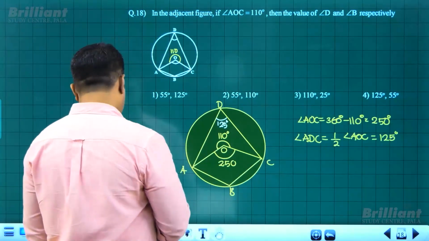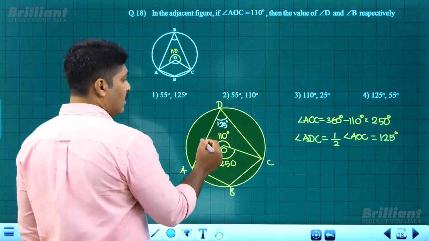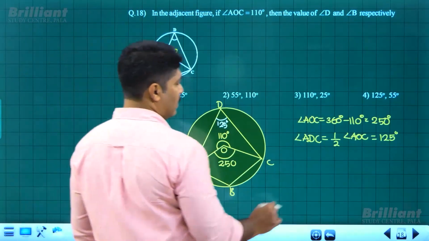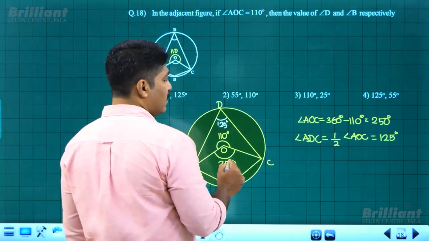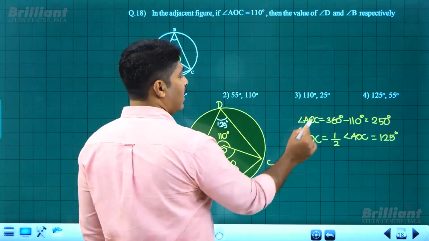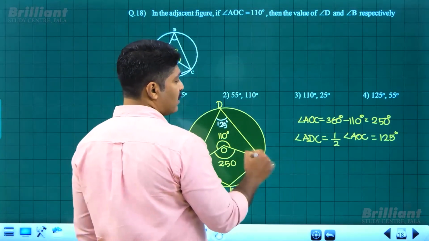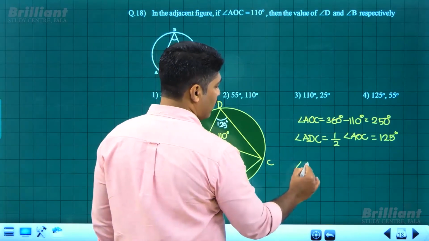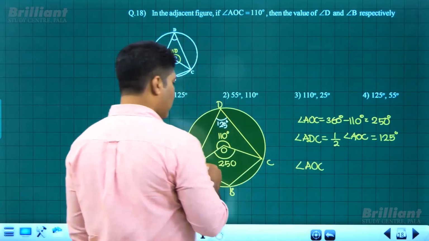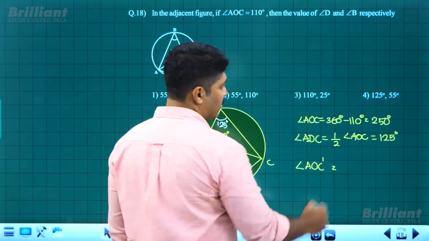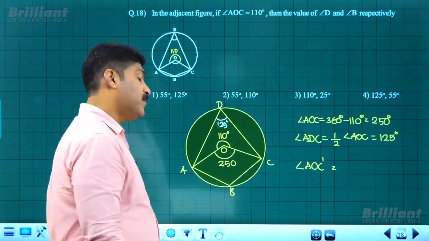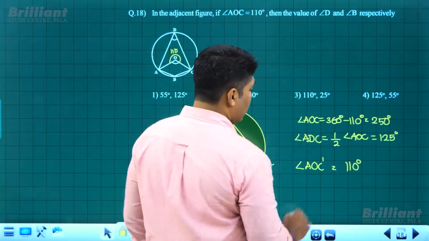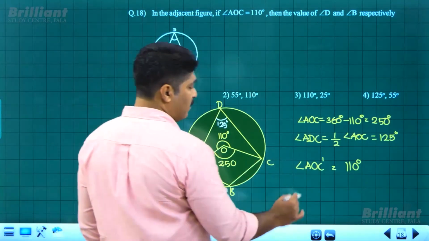Similarly, it is given that this angle AOC is on the opposite side. So here both the angles are angle AOC. This one, we are considering this larger angle. Again we are considering another angle AOC. I'm calling this angle AOC dash. That is actually the acute angle. It is given as 110 degree. Therefore here angle ABC we are considering.